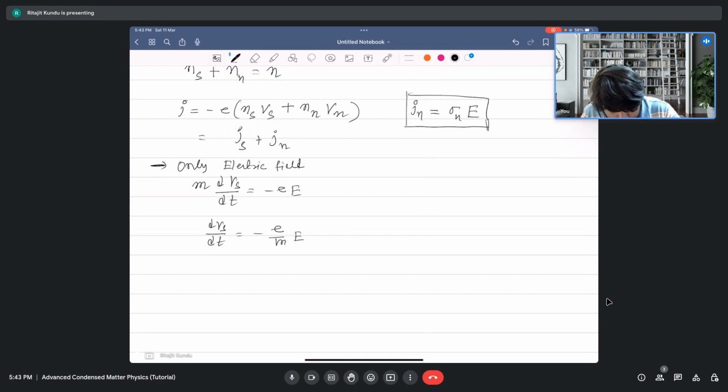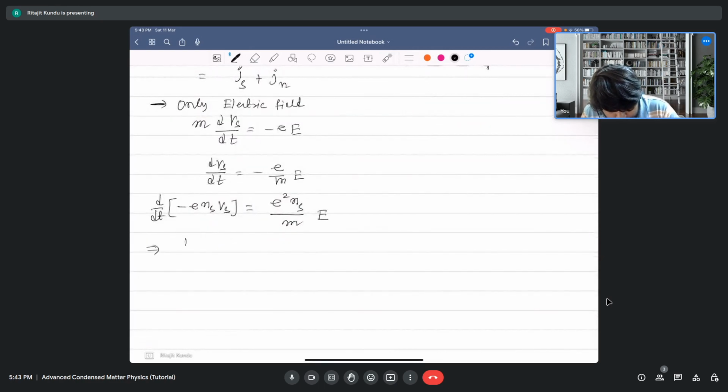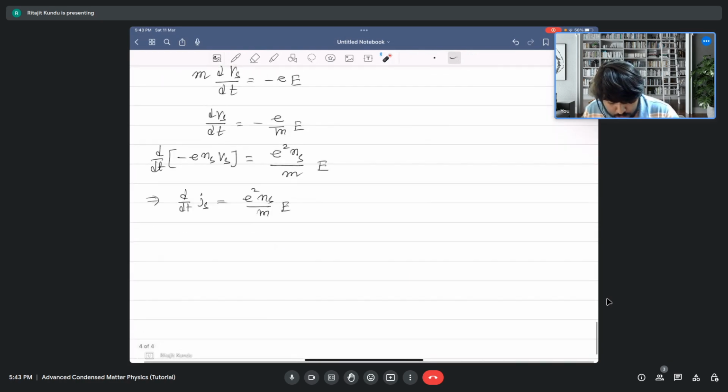So let's multiply by minus e times ns with this vs. These are constants, so they go directly through the derivative, and the right hand side does the same, giving e squared ns by m times E. So this is the supercurrent, and this fully describes your electrodynamics in the presence of just the electric field.